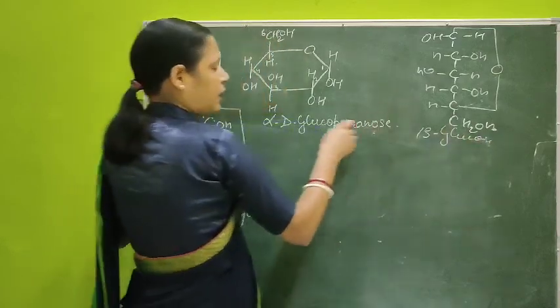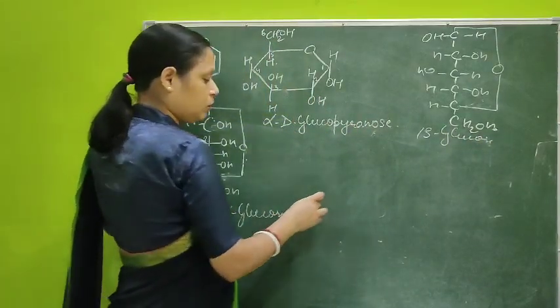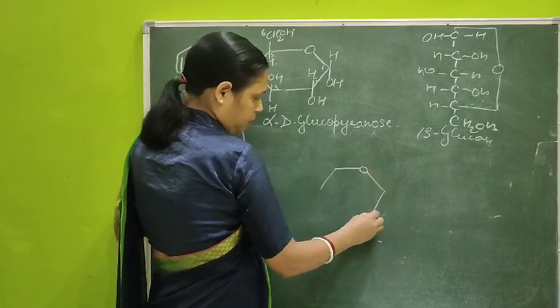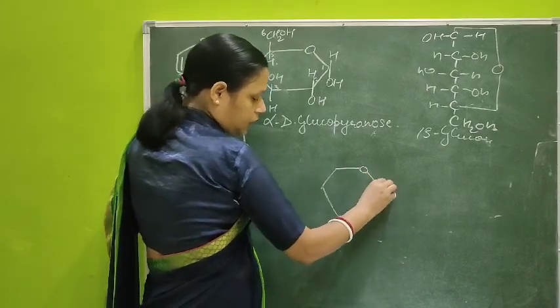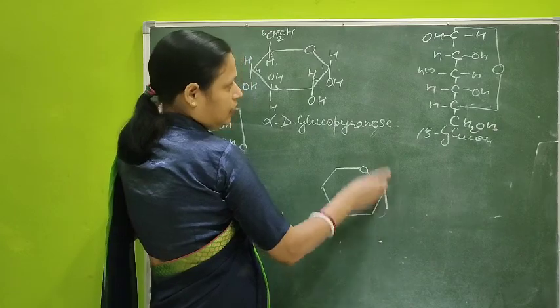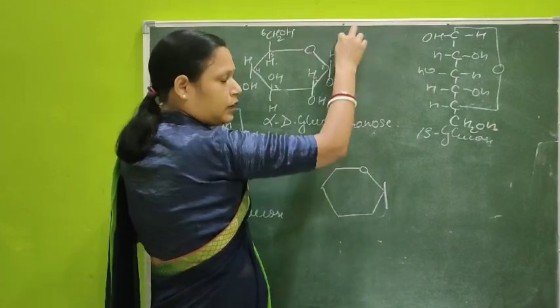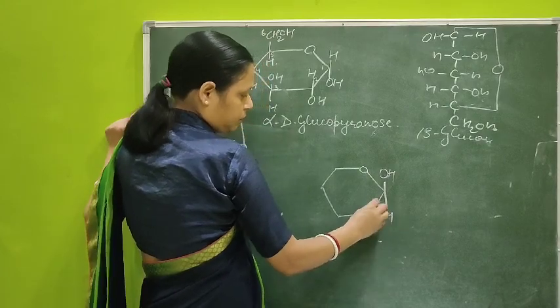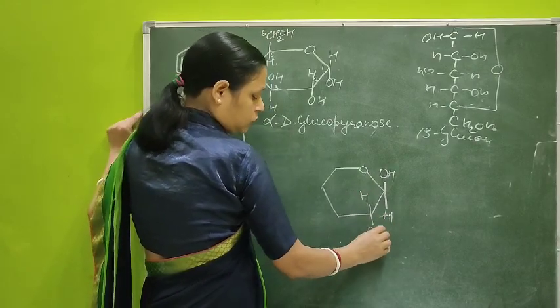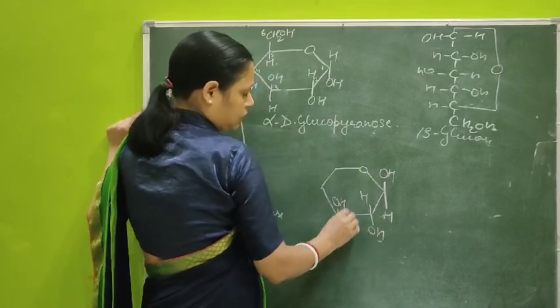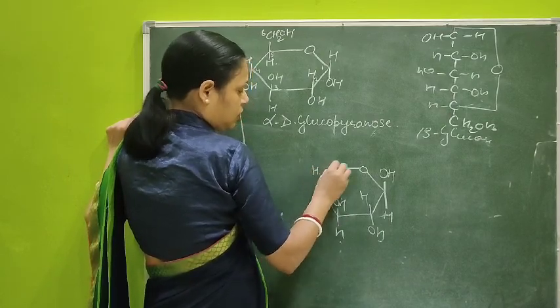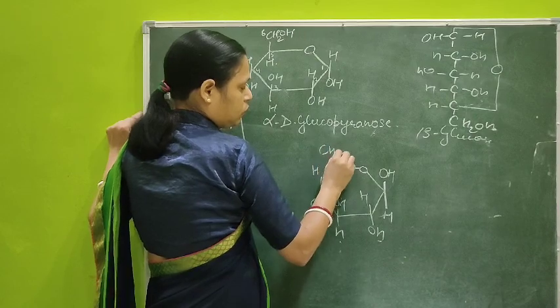So when we draw the pyranose structure for this beta glucose, it will be like this. Here we will see the change in the diagram. Here the alcohol was at the bottom and the hydrogen was on top. Here it will become OH and H, remaining H, OH, OH, H, OH, H and again H, CH2OH.